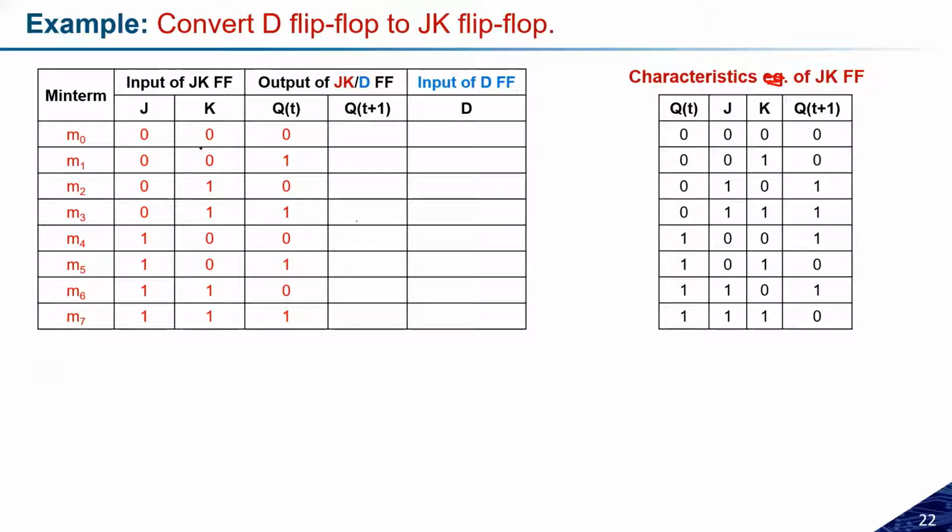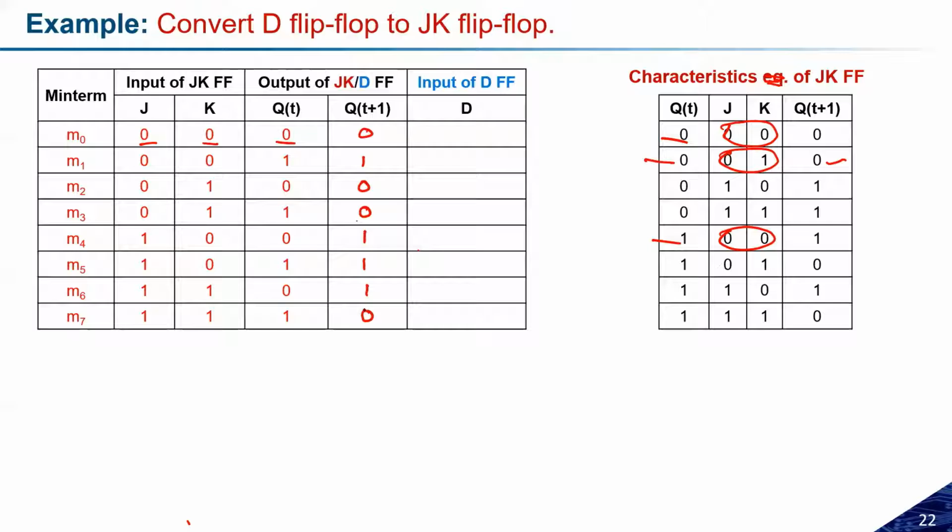If J and K are 0 and QT is equal to 0, that is 0, 0, 0, which gives you 0. 0, 0 and 1 gives you 1. 0, 1 and 0 gives you 0. Then you will get 0, then you will get 1, 1, 1 and 0.